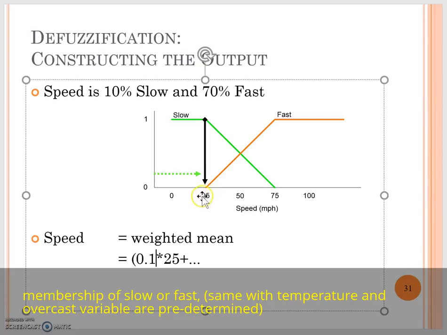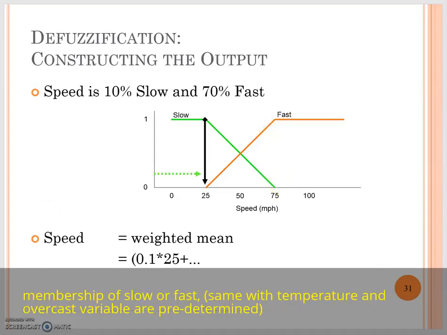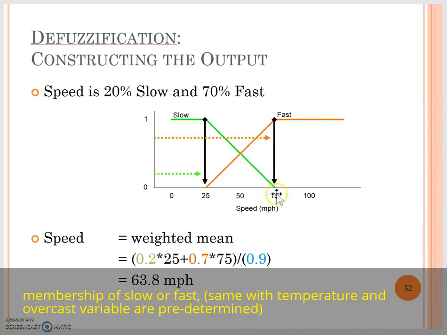That is the speed at that time, plus the value here at 75 with the 70% fast. So 70% fast that we get from the rule evaluation just now, times the 75 mile per hour. Add these two together, divide by the 0.9.